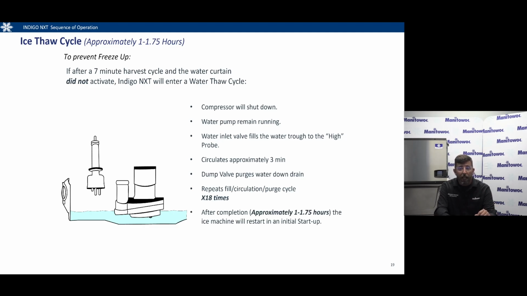Depending on the size of the machine, that ice thaw sequence is going to take an hour to an hour and 45 minutes. If you want to get out of the thaw, press the power button once you realize you're in the thaw and start a new sequence of operation. That curtain can open and close 7,000 times during thaw. It's not going to kick you out of thaw. Thaw is a timed event.